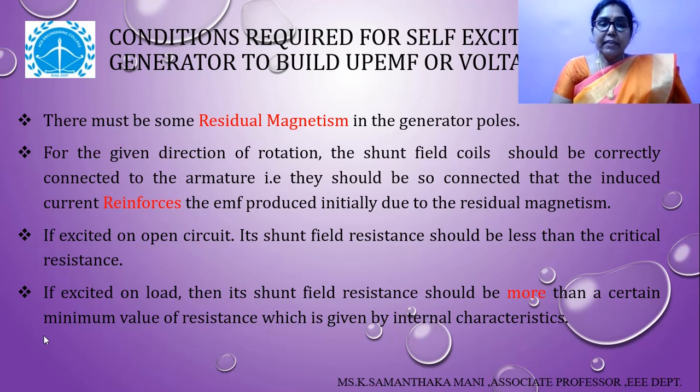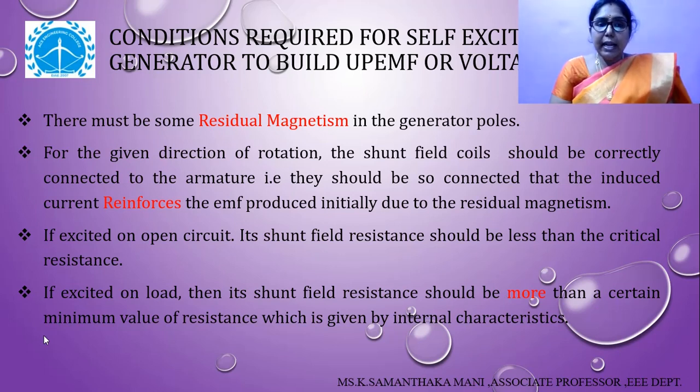For the given direction of rotation, the shunt field coils should be correctly connected to the armature, so that the induced current reinforces the EMF produced initially due to the residual magnetism. It should be connected such that the EMF increases gradually. If not, there won't be any induced EMF in the generator. That point is also important.